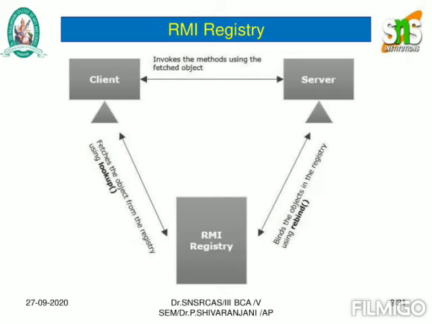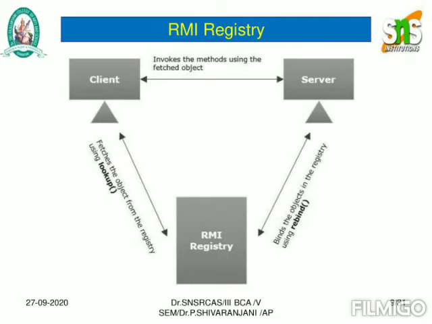Or if it is a new connection, it will use a method called bind to establish the particular connection between the client and the server. After the connection has been established, it fetches the object from the registry by using a method called lookup. So this is the working architecture of the RMI Registry.